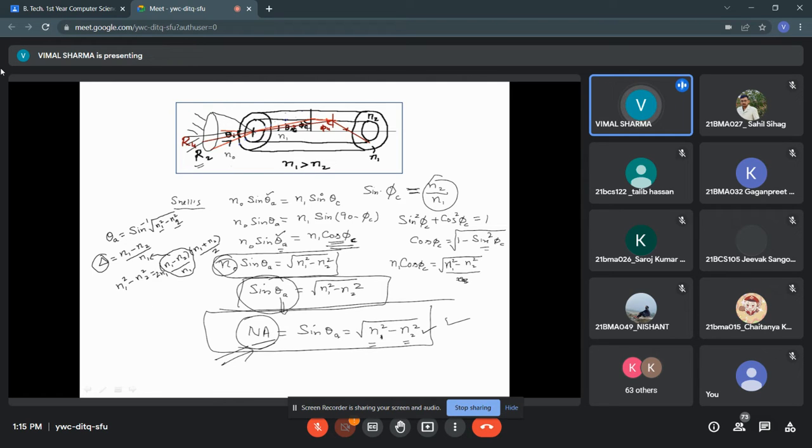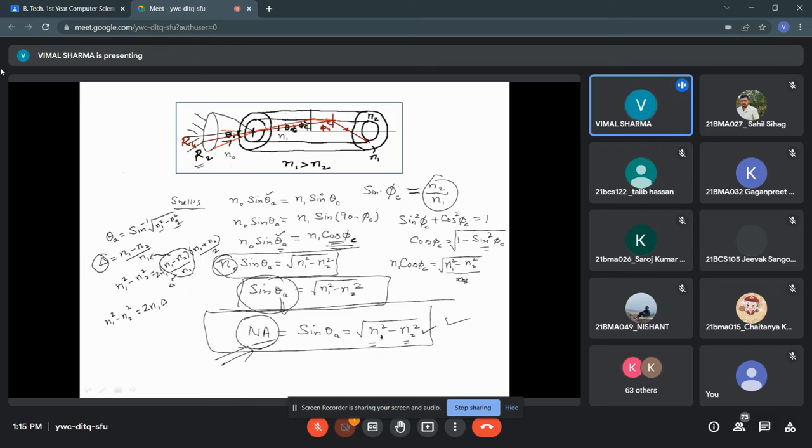This is my definition of fractional refractive index change. So I can write n1 square minus n2 square is 2n1 times delta, times n1 plus n2 divided by 2. This is the average of n1 and n2 refractive indices.